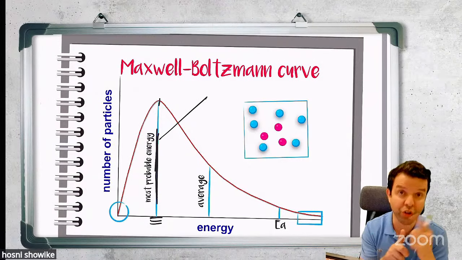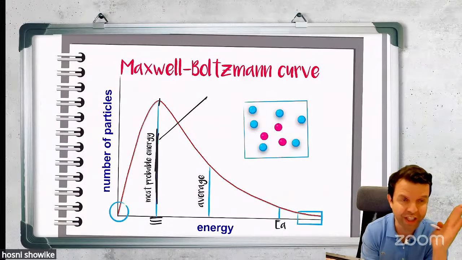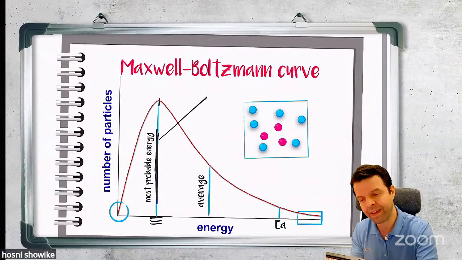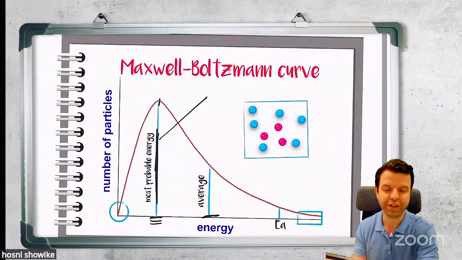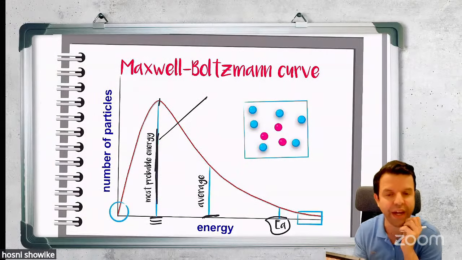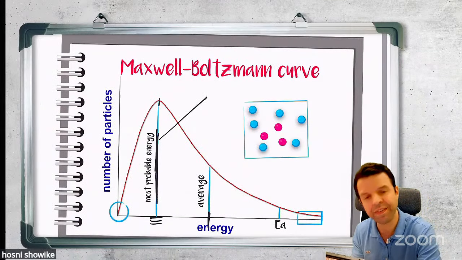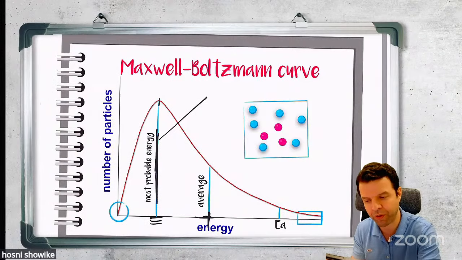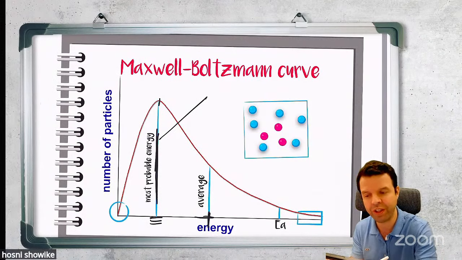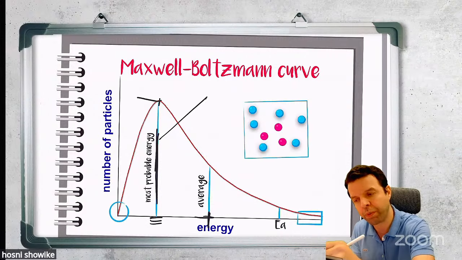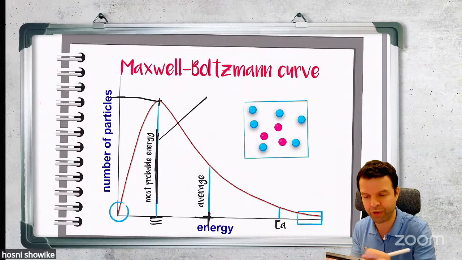This tells you that the majority of the particles have energy that is less than the average and far less than activation energy. Average energy is halfway here. So those are the particles that have half energy. These are the most probable energy of particles.